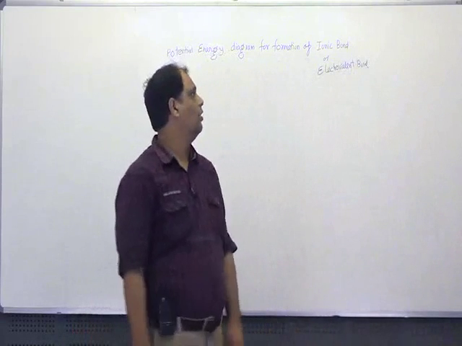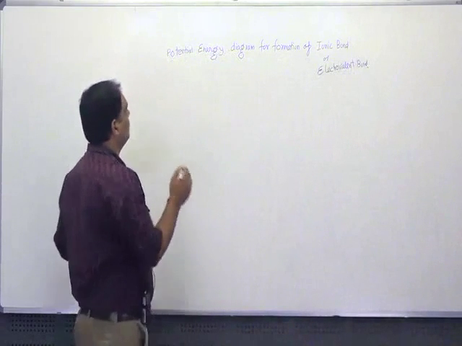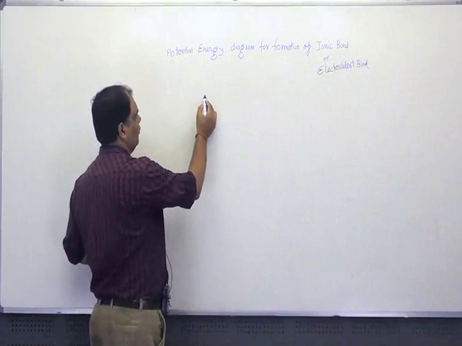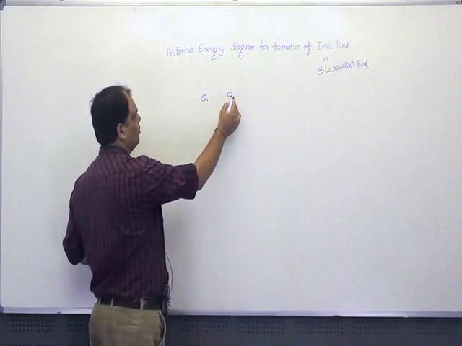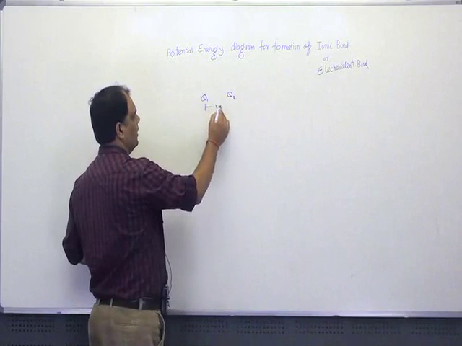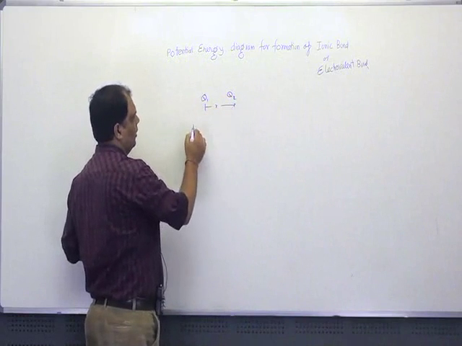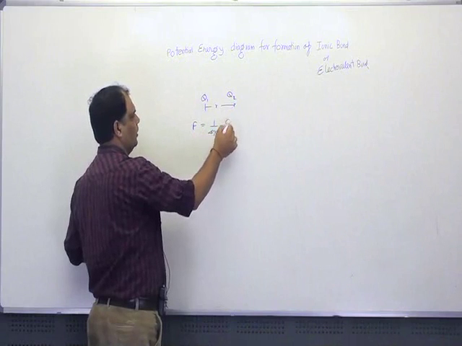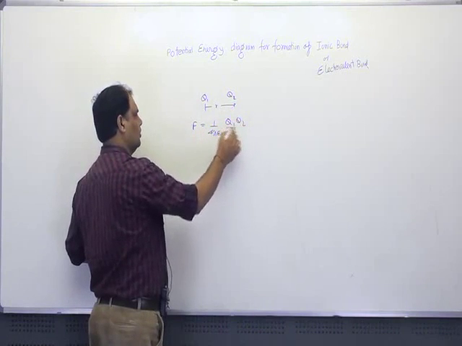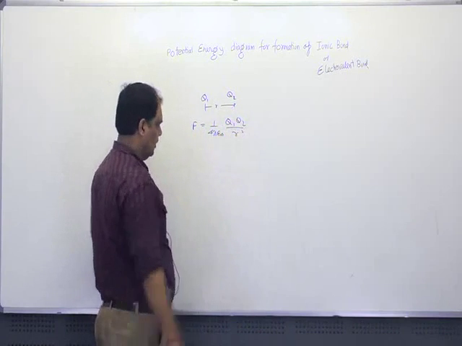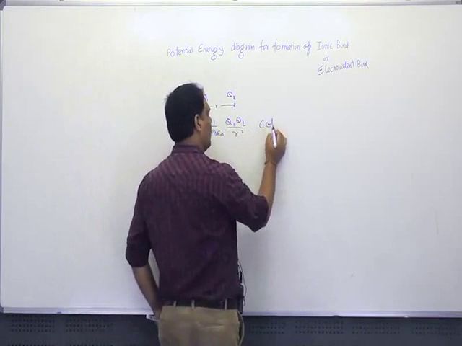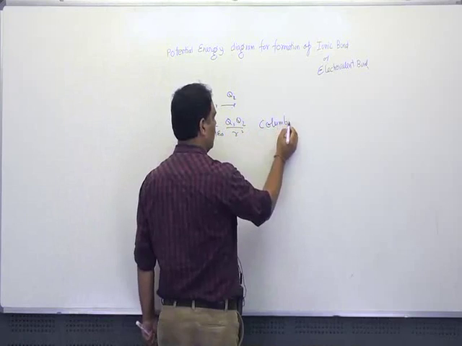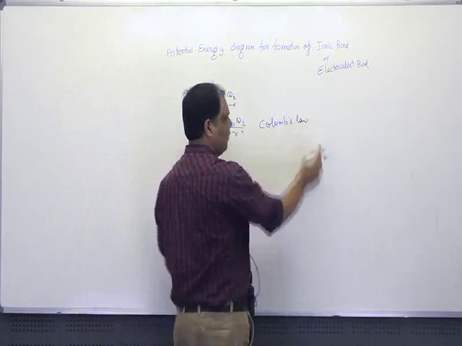We will discuss now. As we know, if we have charged particles Q1 and Q2 separated by distance of r, then force is given by 1 upon 4 pi epsilon naught Q1 Q2 upon r square, and this expression is referred to as Coulomb's law.